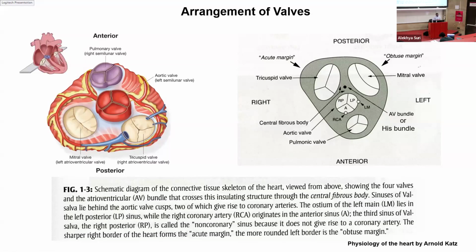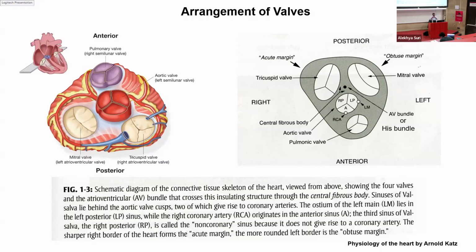The central fibrous body is kind of an insulator. It prevents the direct connection between atria and ventricle during electrical stimulation. If you look at the cardiac contraction, the contraction starts at the right atria from the SA node, or sinoatrial node, and then it propagates to the left atria.